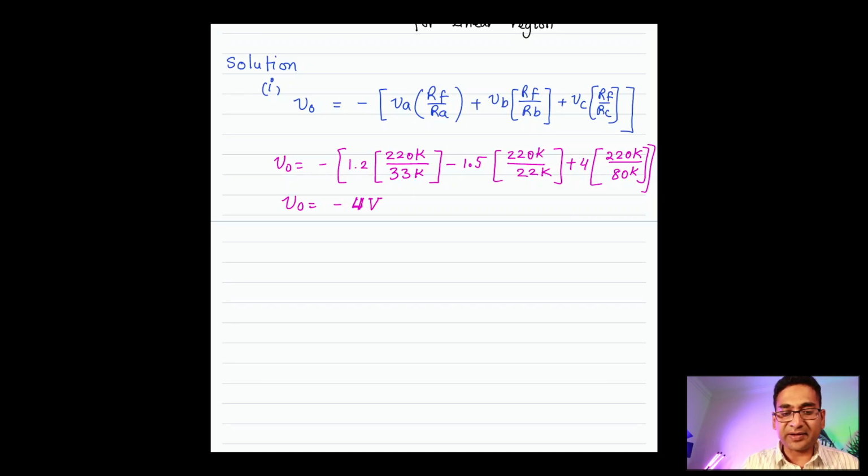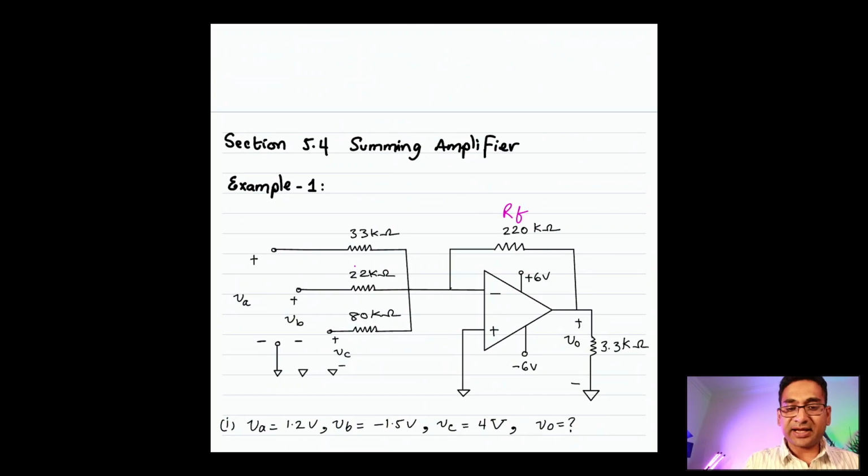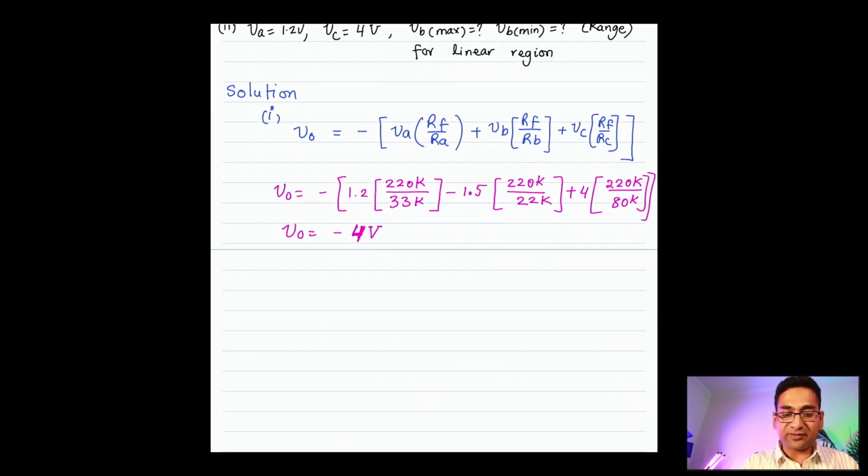By the way, what problem number is this? This is problem number 5.12 from the textbook. That's the output voltage, and that's the first part of the problem.